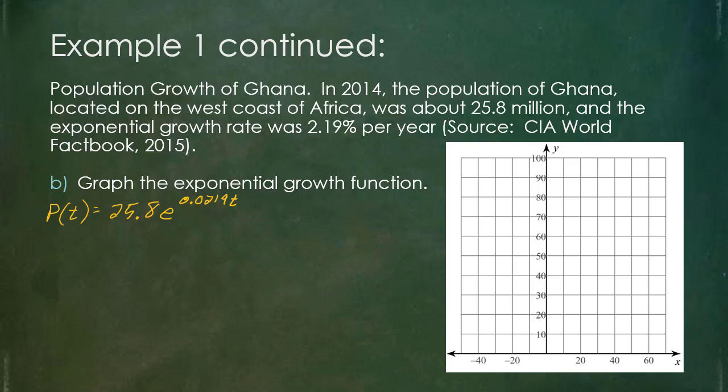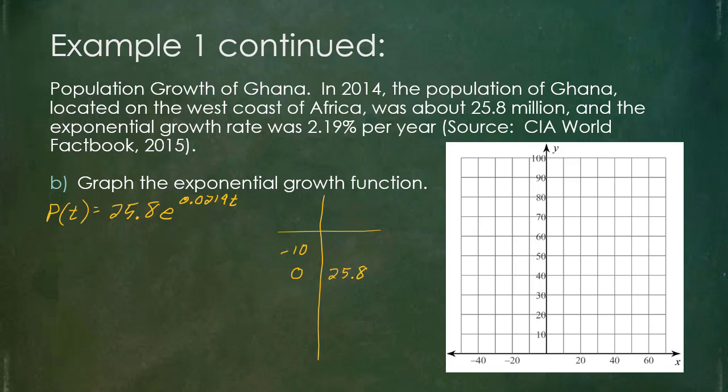Ultimately, what we could do is create a t-chart and plug in some of the numbers. I'm expecting this to flatten on the left pretty quick, so I might be able to get away with -10 being the smallest number to plug in. Plugging in 0, we should already know, because that's time 0, so that should be the 25.8 million. I'll just fill that one in, since we should know that one.